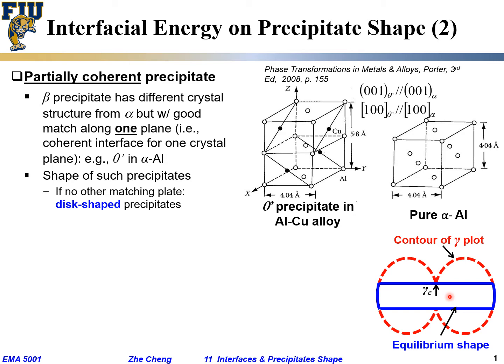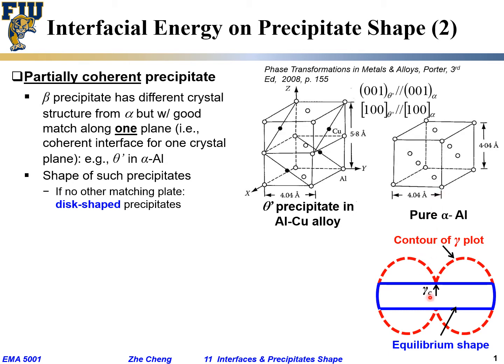Remember on this contour gamma plot, the distance from the center to any point on this red dashed line means the absolute value of the interfacial energy. So from center to here, that's my smallest interfacial energy, which is gamma C for this particular coherent plane between this 001 plane for theta prime and the 001 plane for alpha aluminum.